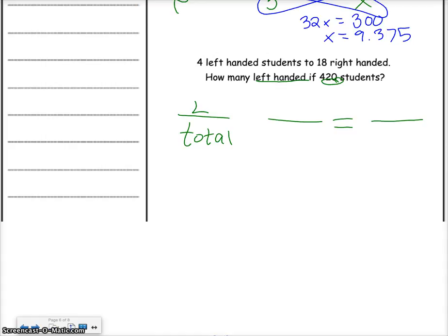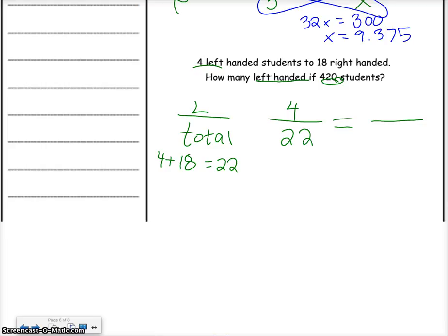Then you make your little skeleton, and it should be left is to total as left is to total. So 4 left-handed is to how many total kids? 4 plus 18, 22 total kids, right? 4 is to the 22 total kids at first as how many left-handed to 420 kids?